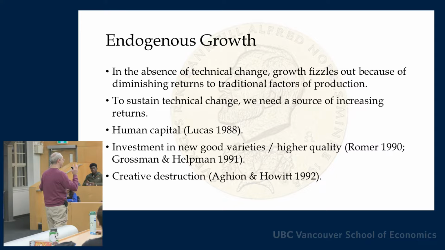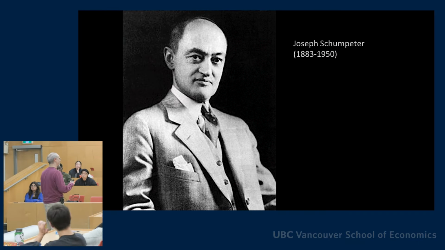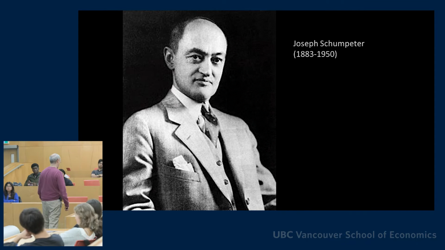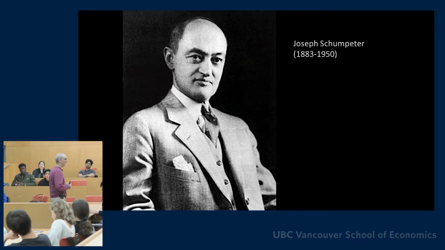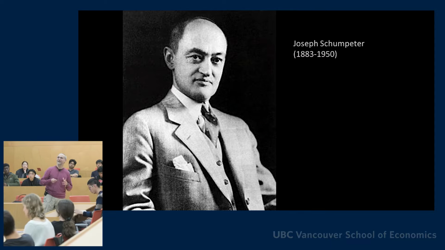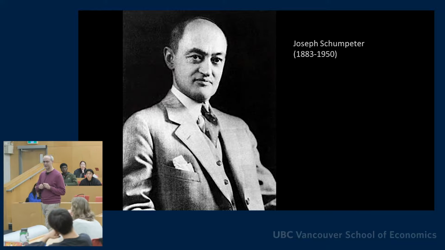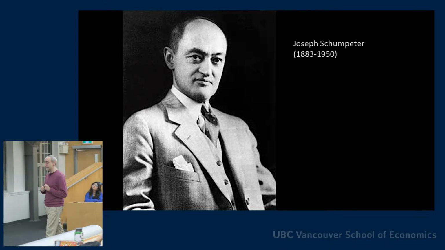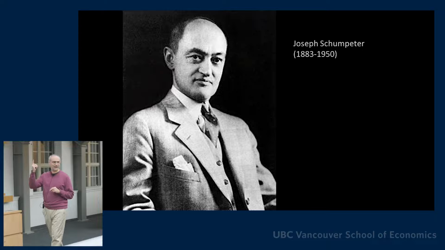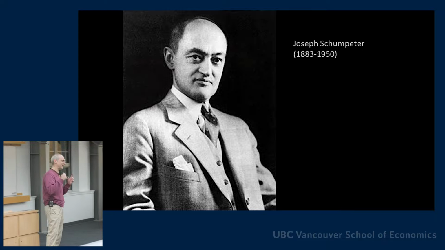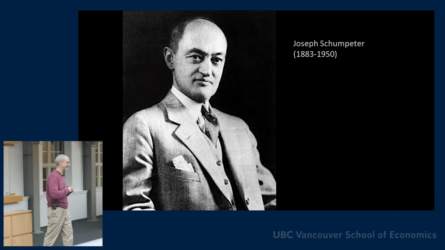Now, all of these frameworks harken back to the seminal work of one economist, Joseph Schumpeter. Okay? Lived between 1883 and 1950, was a Harvard professor most of his life. Did not get a Nobel Prize only because he died too early. Remember, the Nobel Prize in economics is 1968, right?